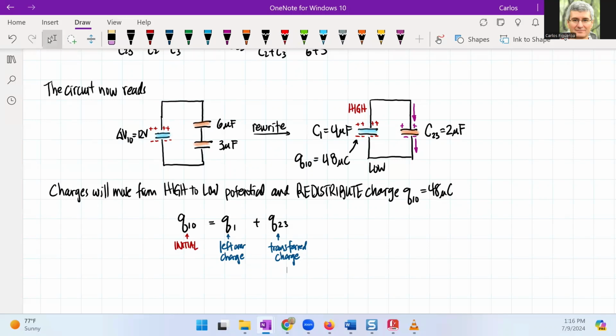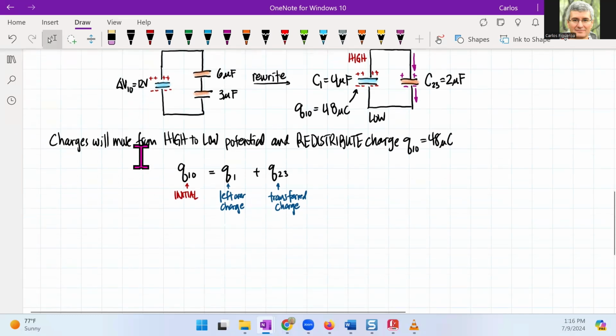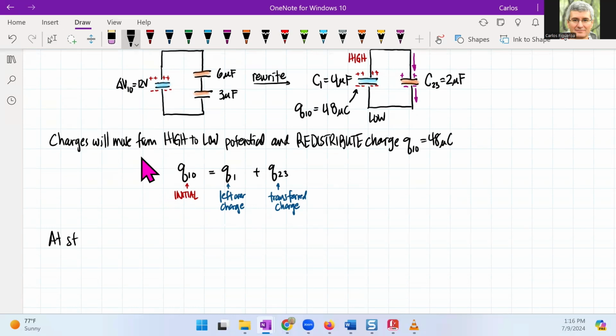So now, what do I know? The capacitors are going to reach steady state. At steady state, all capacitors have the same voltage.